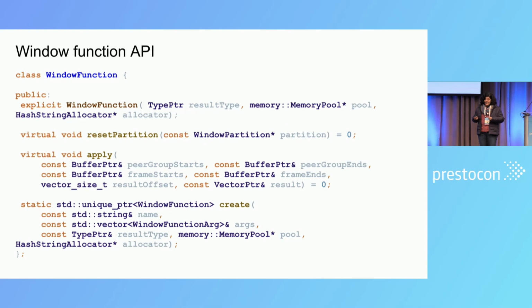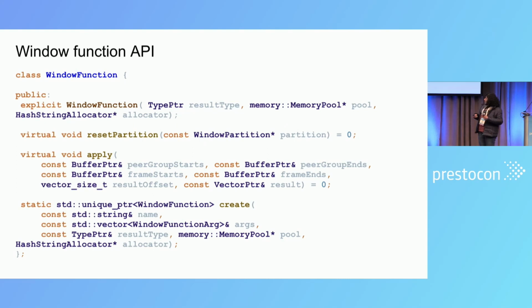You create a window function object, and then as the partitioning and window function operator is executing, for each partition you see, you call reset partition to tell the function that now you're going to see a new partition of data, and then you keep calling apply for all the output rows that you're going to generate. So you go one block at a time and keep calling apply for each set of rows that you can output to the next operator.